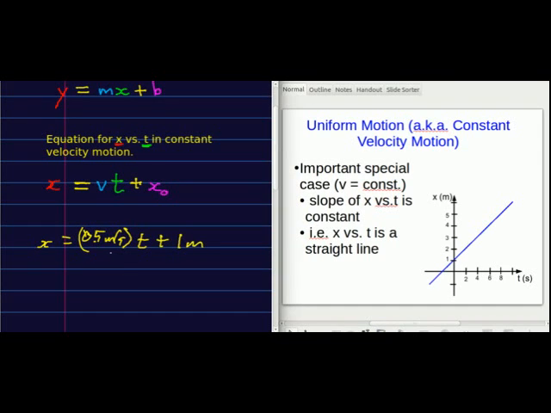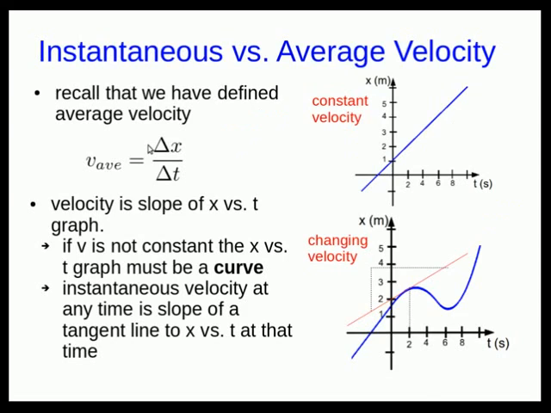And there's our equation. Rather badly written, but there's our x versus t. In the case of constant velocity, the slope is the same everywhere. And so the average velocity is the same as the velocity at any instant in time.